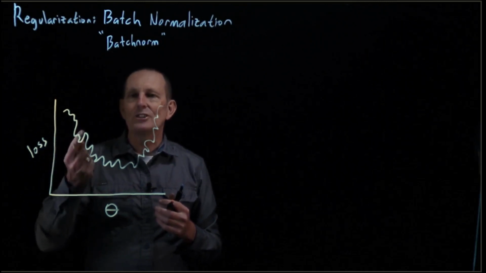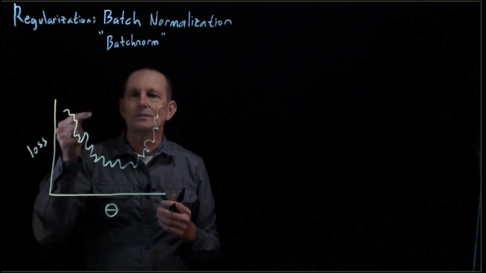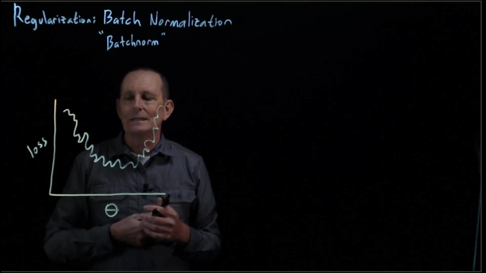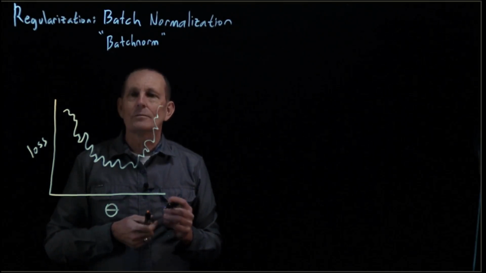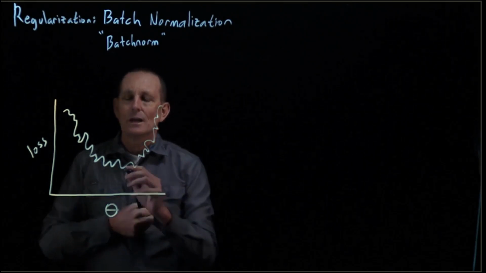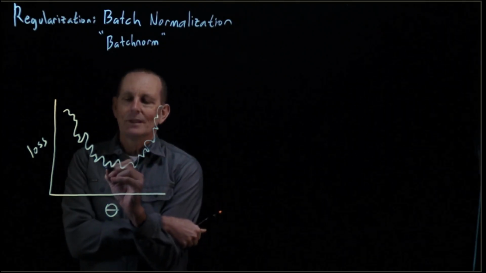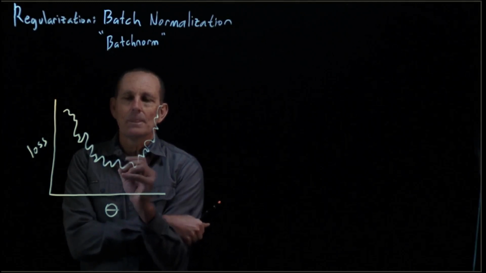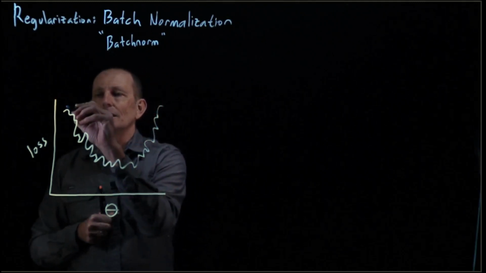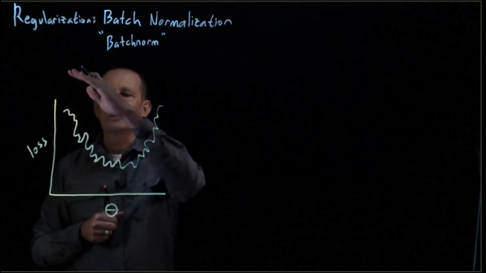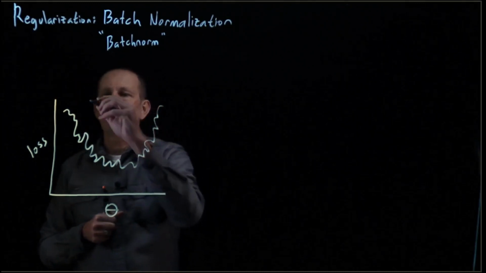Our gradients will be changing from positive to negative as we're going. And what batch norm seems to do is maintain the same minima. So we still have a minimum here, but it becomes smoother. So I'm going to draw it up above instead of right on top of it.